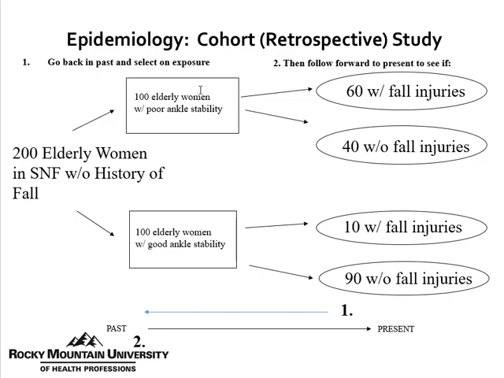And you found that 100 elderly women have poor ankle stability based upon the test that you performed, and 100 had good ankle stability. So you see, you've categorized them into one of two groups. Now, based upon how you categorize them, you can see that 60% of those with poor ankle stability had a fall, where only 10% had a fall in the other group.